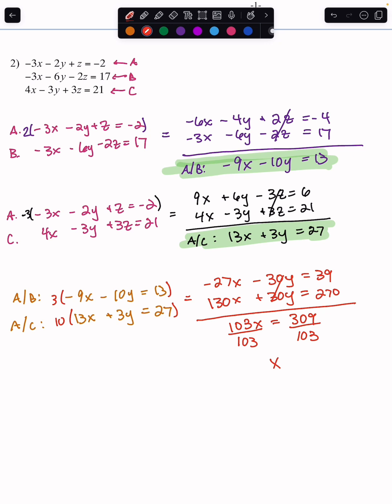Okay? Now that I know that x equals 3, I'm going to plug x back into one of my highlighted equations. And to me, AB seems the easiest because the numbers are smaller. So let's plug it back into the AB equation. And let me remind you what that was. That was negative 9x minus 10y equals 13. And because we solved for x, I'm going to drop that x right here.